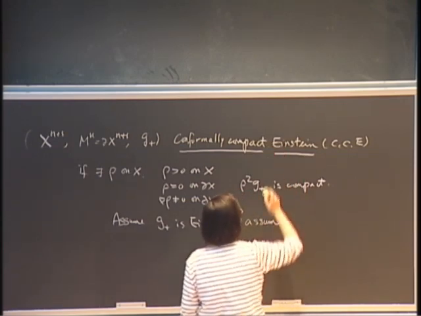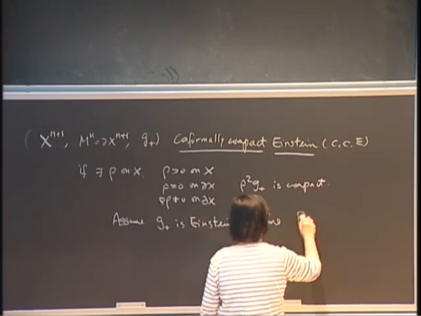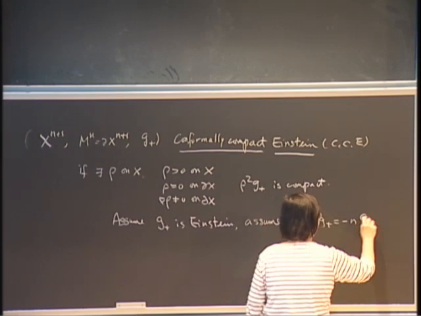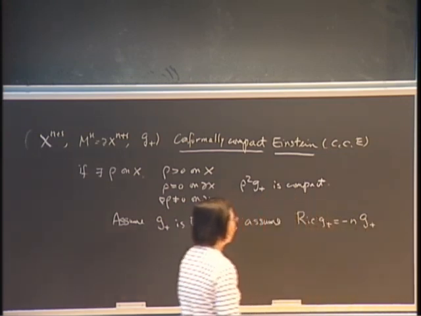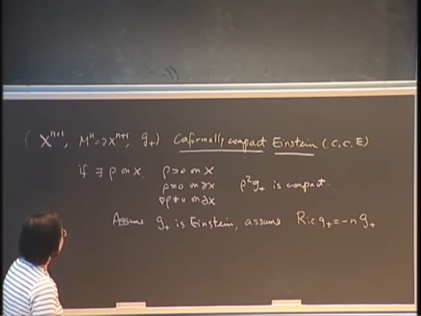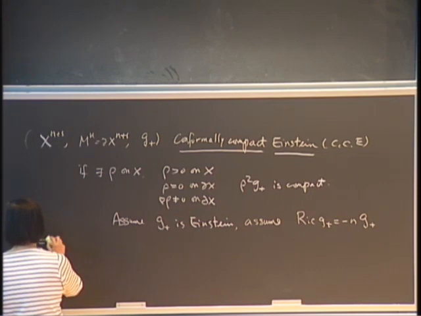Maybe I can add the word Poincare there. That means Ricci of G plus is equal to minus n G plus. Satisfy this. So this is my setting, and I'm restricted to n equal to 3.